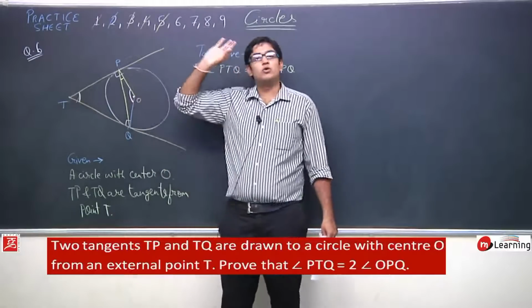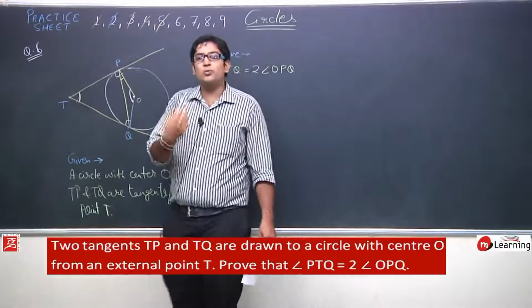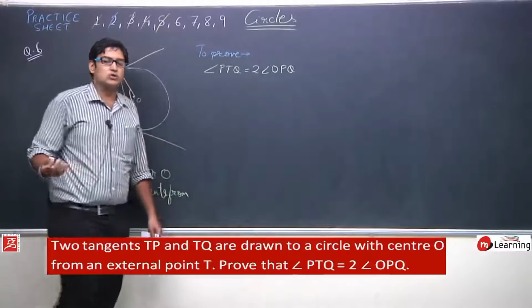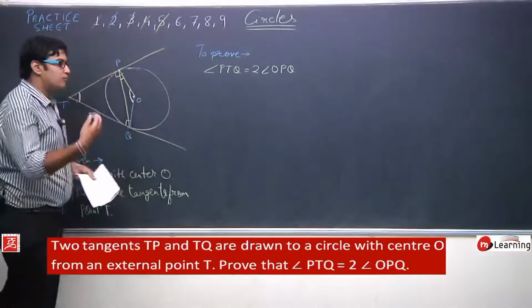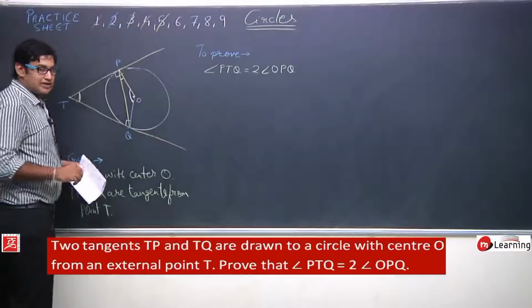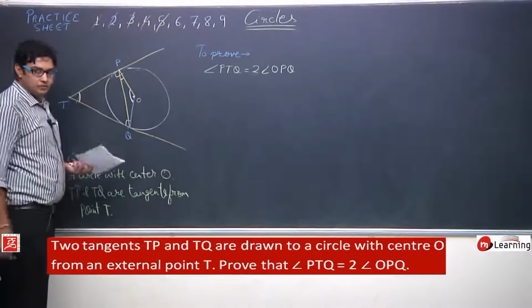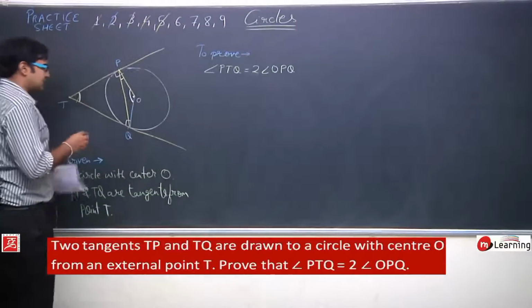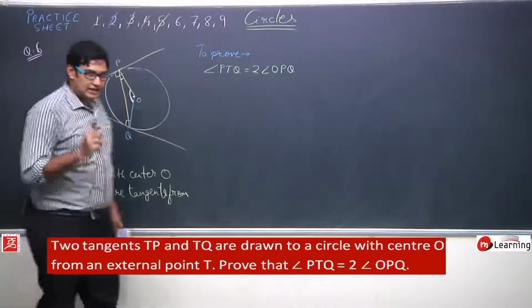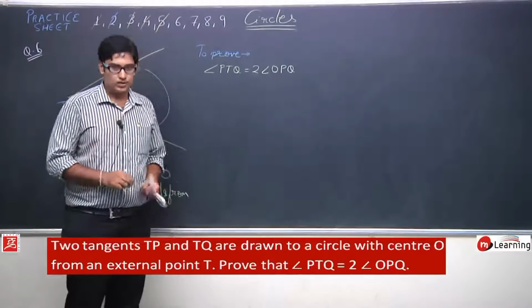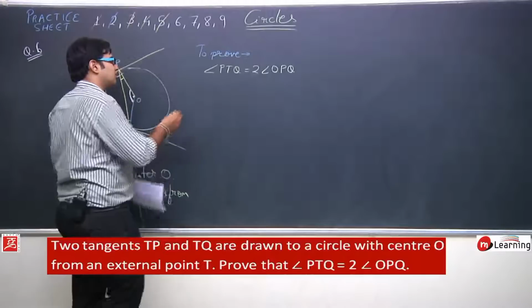So this is what we have proved previously, and I am not going to prove it again. I am going to use the same property that we have proved previously. Here I am saying that the sum of this angle and this angle is equal to 180 degrees, that you should know. Okay, so let us start the proof.